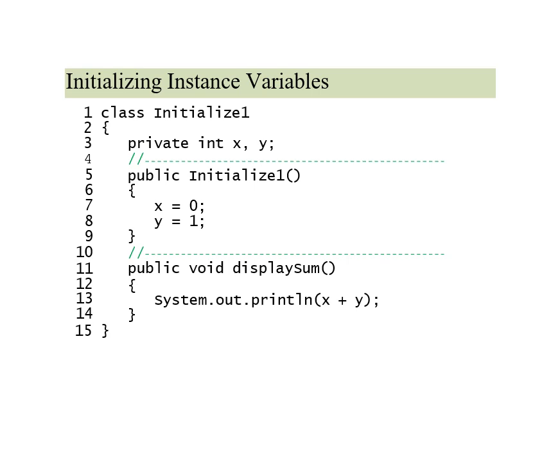Line 5, we have the beginning of the constructor for this class. And what it does is it just initializes x to 0 and y to 1. Now, line 7 actually is unnecessary because if you do not explicitly specify an initial value when you declare an instance variable, it defaults to 0.